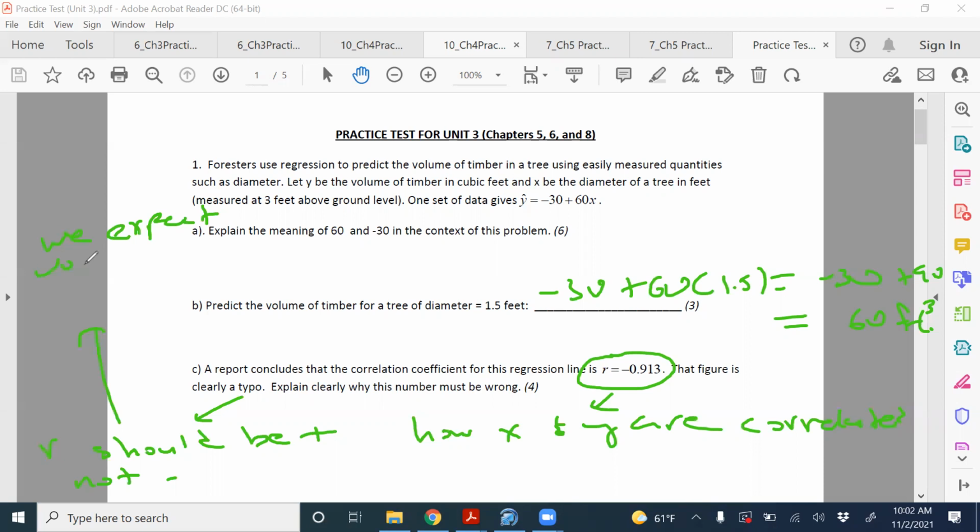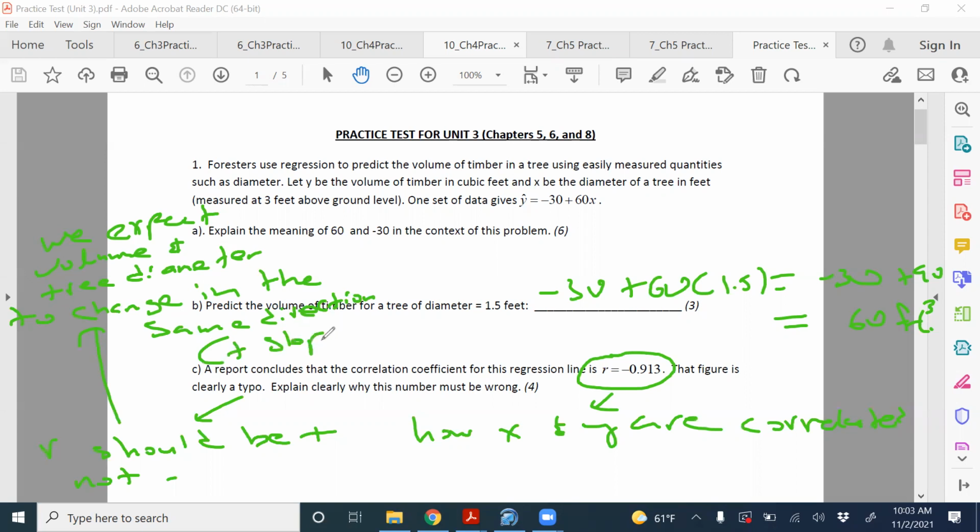We expect volume and tree diameter to change in the same direction, because we have a positive slope. We have a positive slope, we have a positive correlation coefficient, and likewise for negative. So that's the reason why.